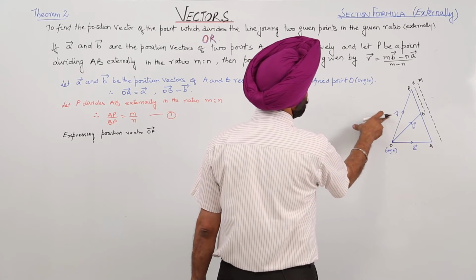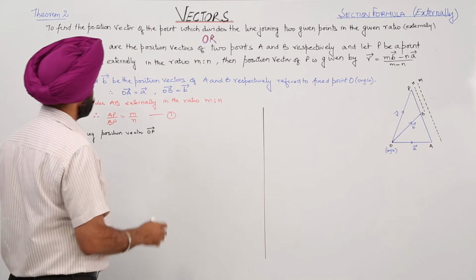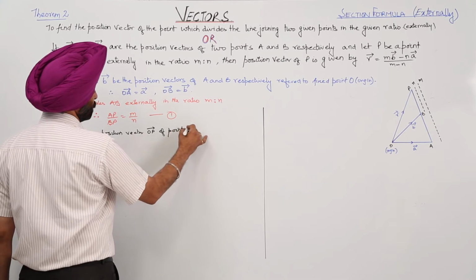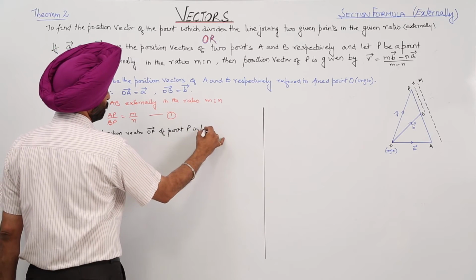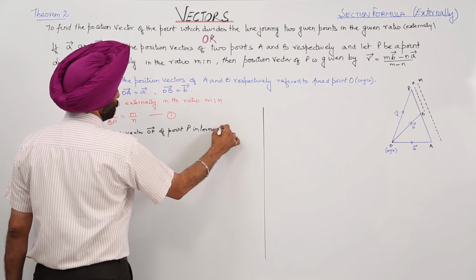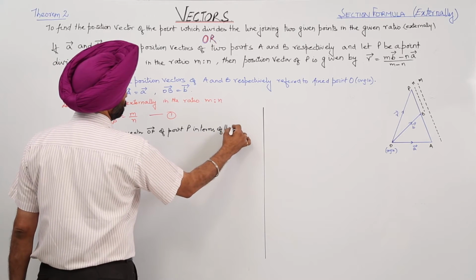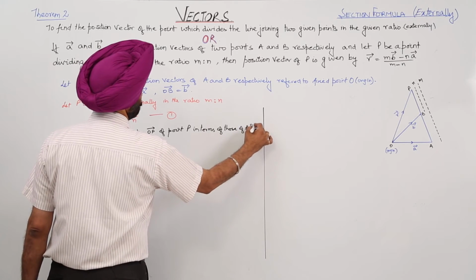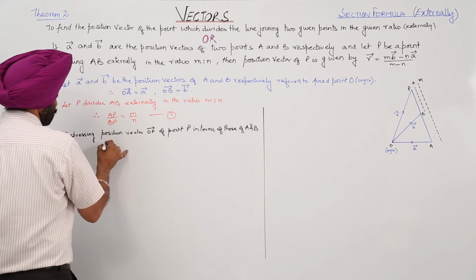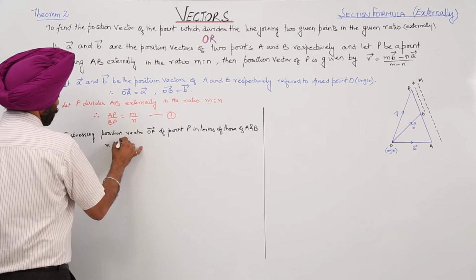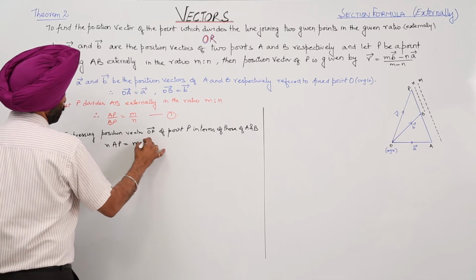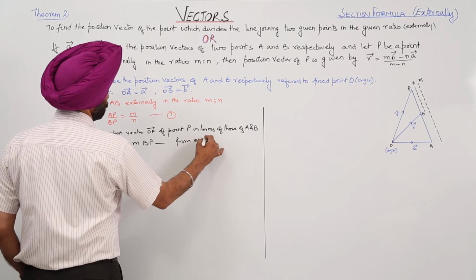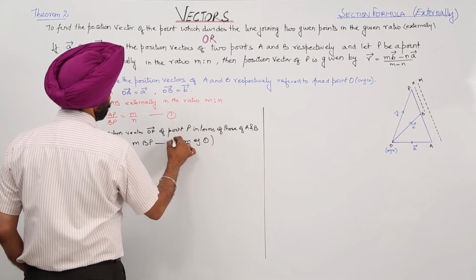So expressing the position vector OP of point P in terms of those of A and B, we can write it as n times AP is equal to m times BP, from equation 1.